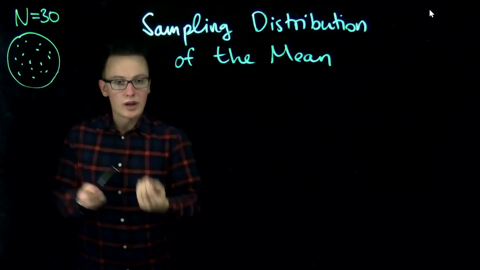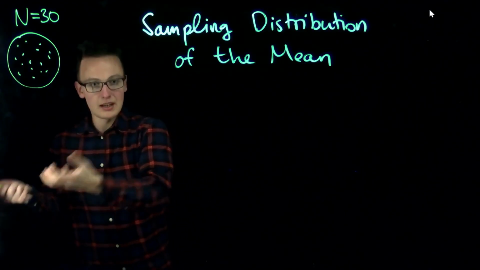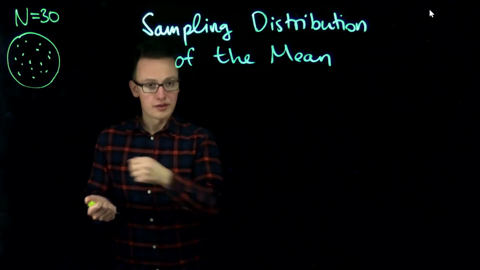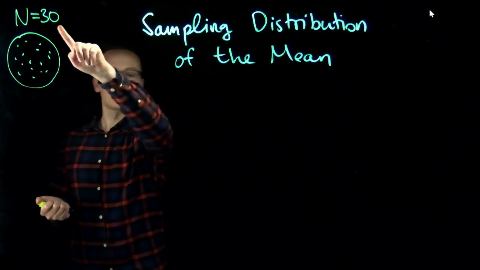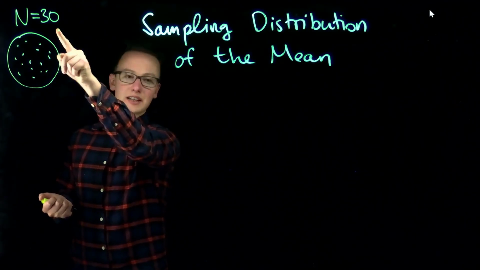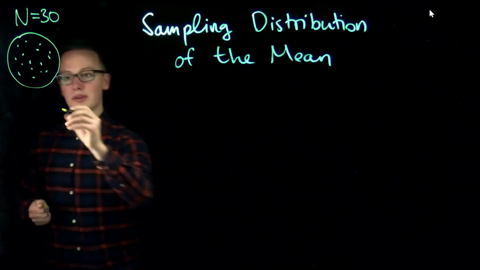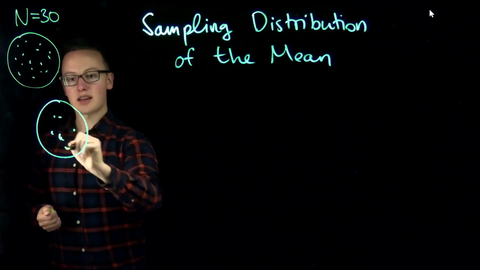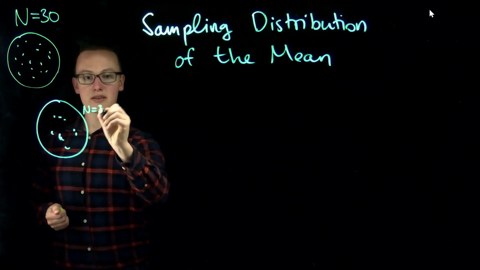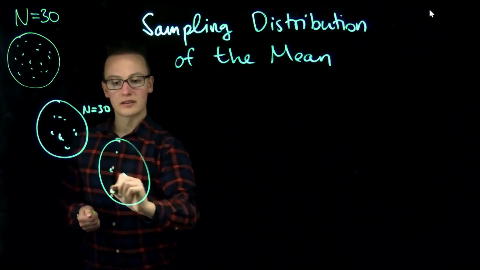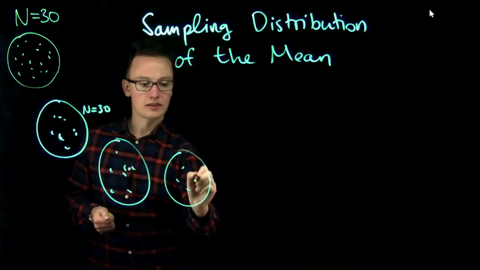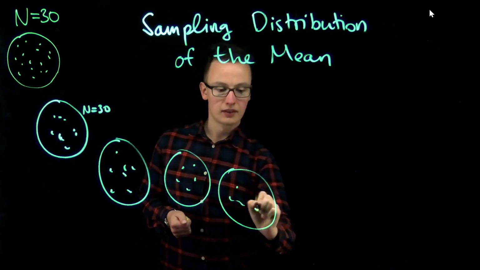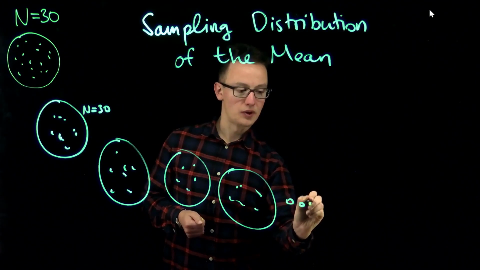Each time we are sampling, we are grabbing out a sample of the same size. For example, we could have specified size 30, and then we would sample another sample which also has size 30, and another one, and another one, and so on forever.